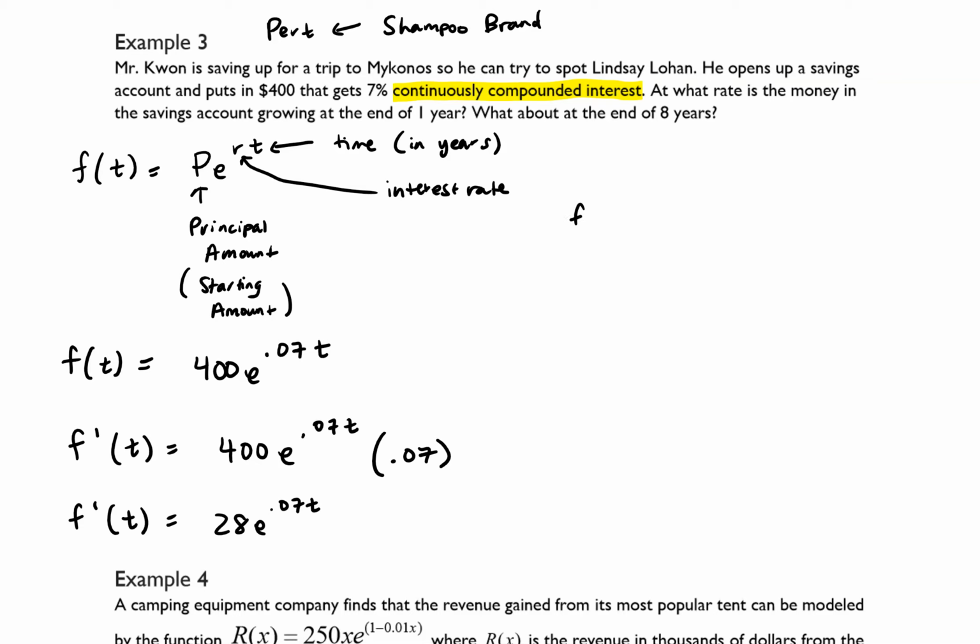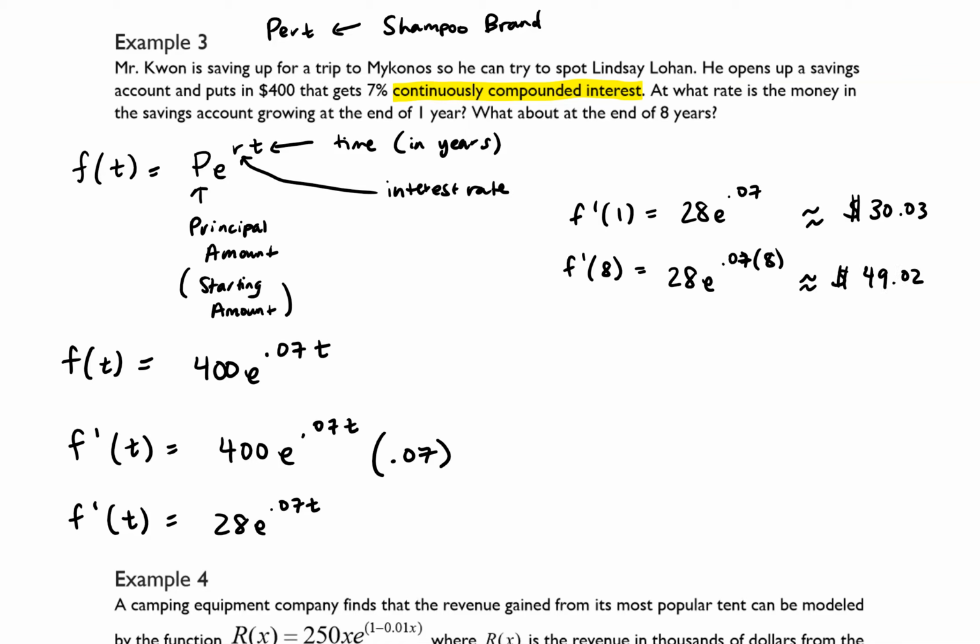So we want to evaluate f prime of 1 and f prime of 8. f prime of 1 is equal to 28e to the 0.07 power, and f prime of 8 is equal to 28e to the 0.07 times 8 power. I went ahead and plugged those into my calculator, and f prime of 1 is approximately $30.03, and f prime of 8 is approximately $49.02.